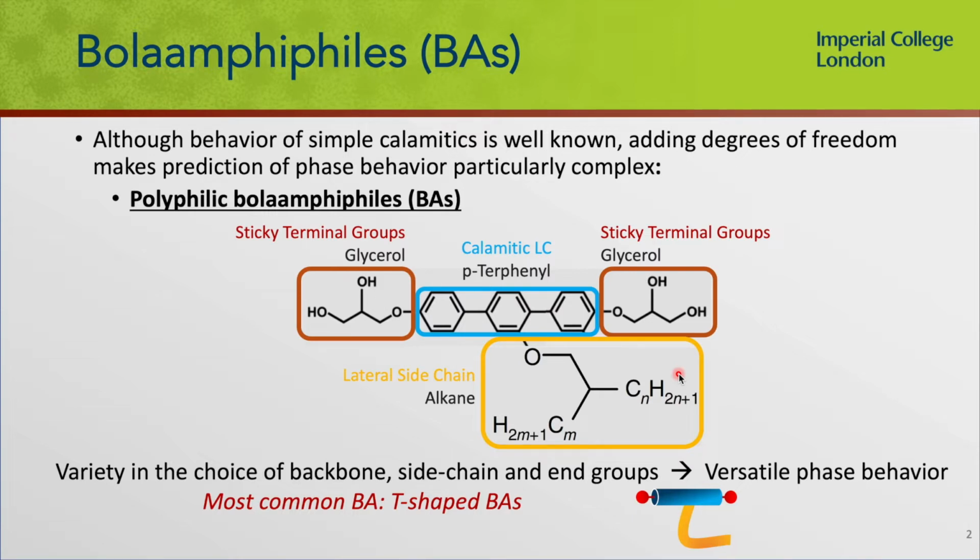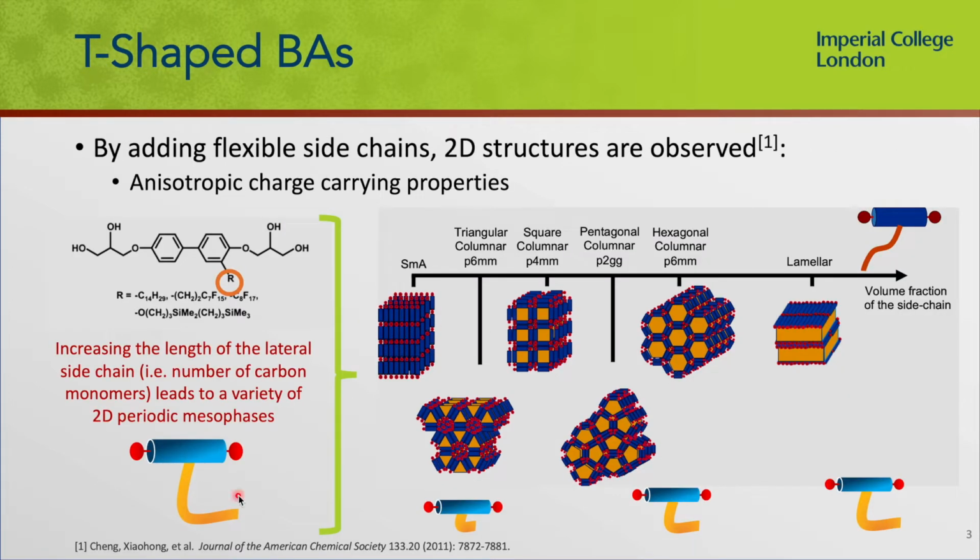The most common Bolaamphiphile is the T-shaped Bolaamphiphile, where you just have a linear chain as the lateral side chain here. Upon increasing the length of this lateral side chain, initially you start with a smectic layering because of the very strong attraction of the hydrogen bonding groups at the ends.